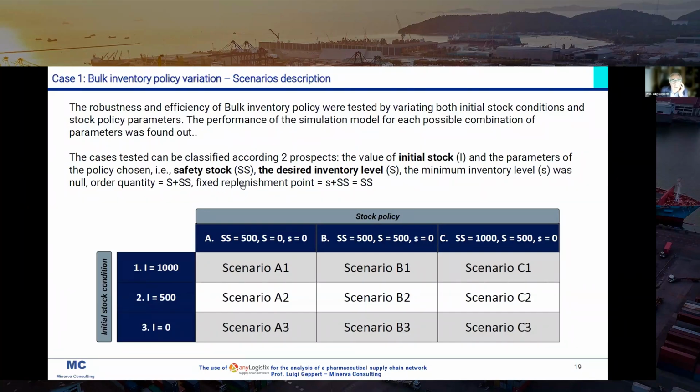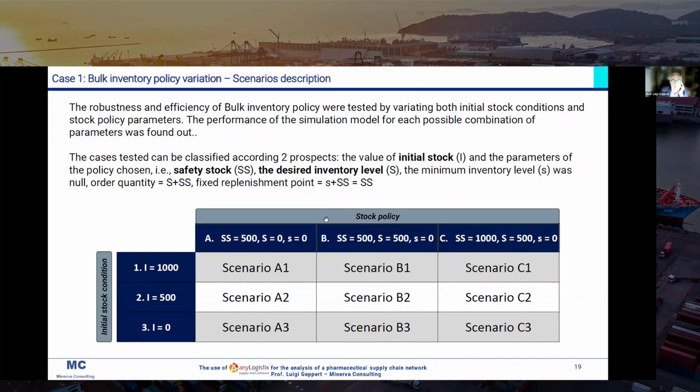We use safety stock, desired inventory level, and the minimum inventory level. The trigger, the replenishment point, is the sum of s plus double s. Double s is the safety stock, and s is the minimum stock.